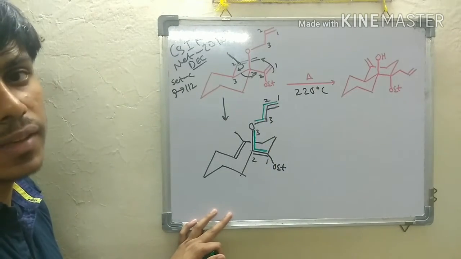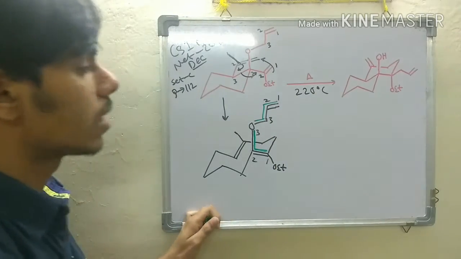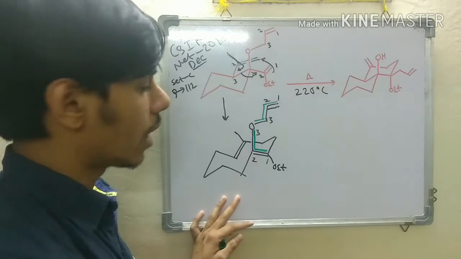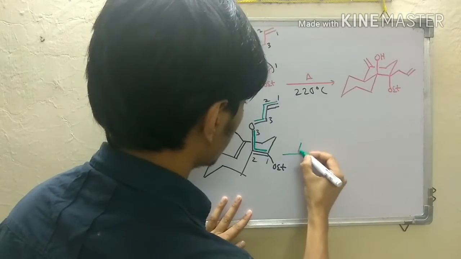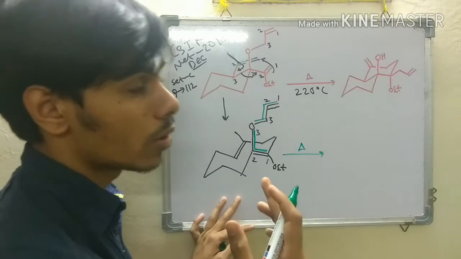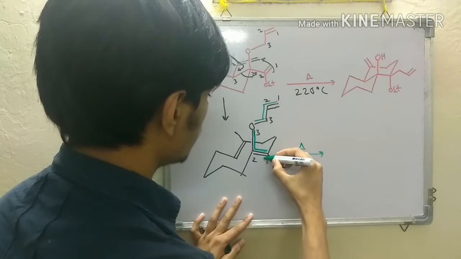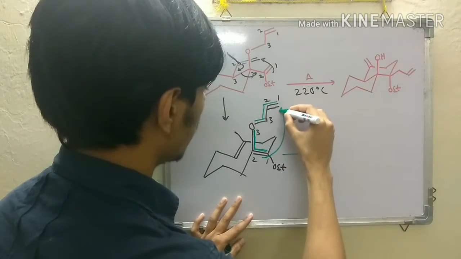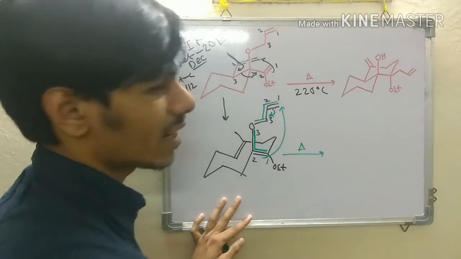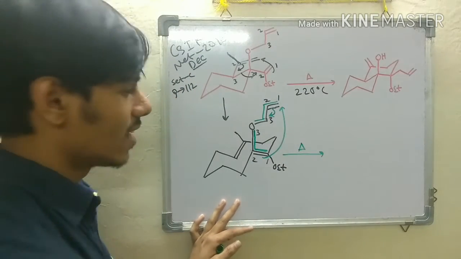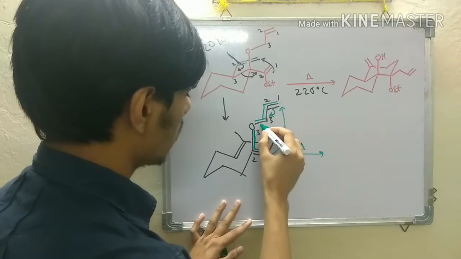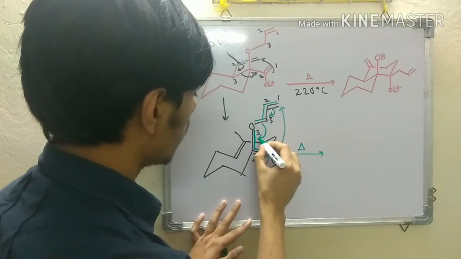So you have an allyl vinyl segment, and I have just told you that an allyl vinyl segment will undergo Claisen rearrangement under heating conditions. So in the Claisen rearrangement this will attack here. No, I cannot say attack. This is a pericyclic reaction, but we represent it like this. So it will go here.